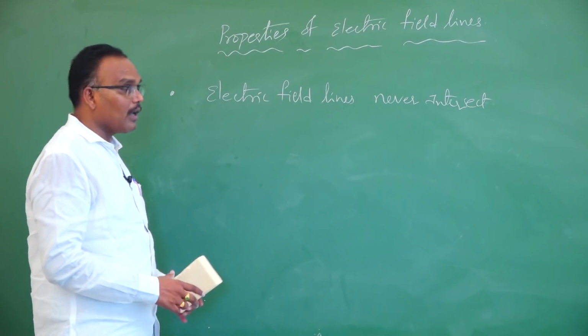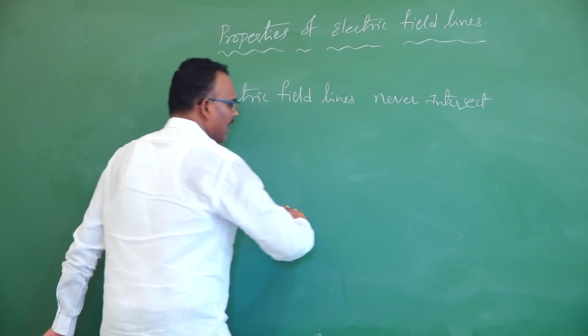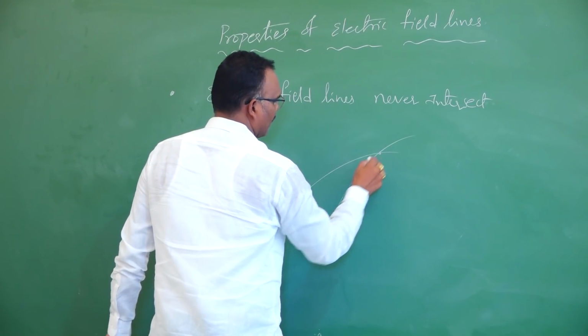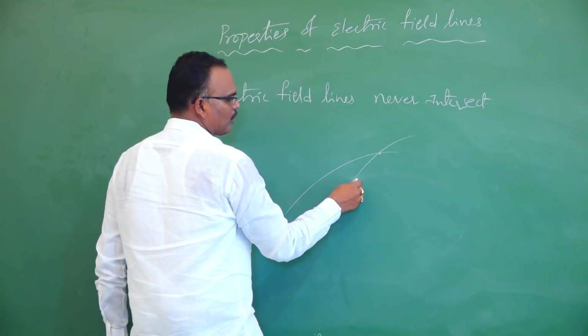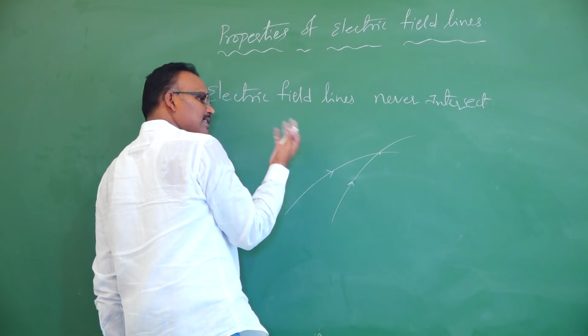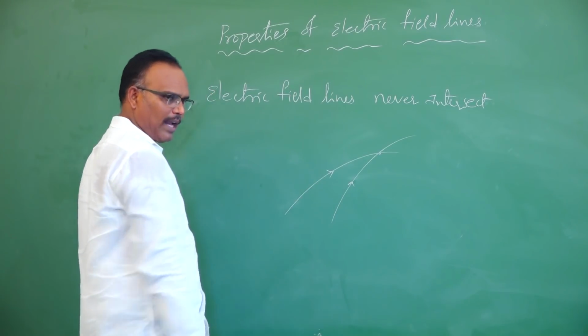See, if they intersect, for example, this is an electric field line produced by one charge, and this electric field line is produced by maybe some other charge, or maybe these two are produced by the same charge, we don't mind.